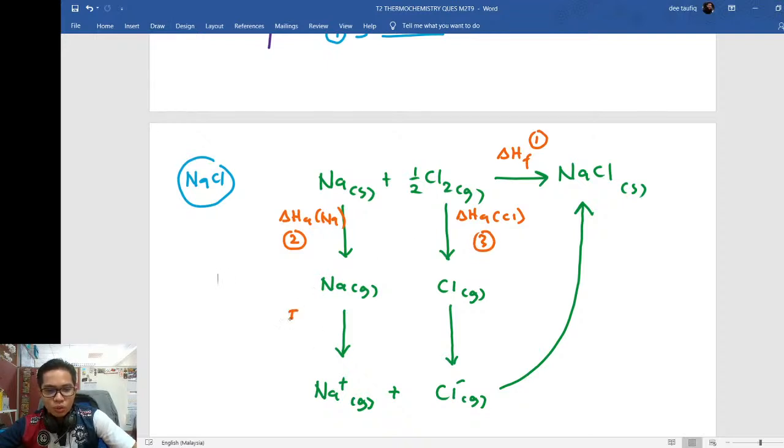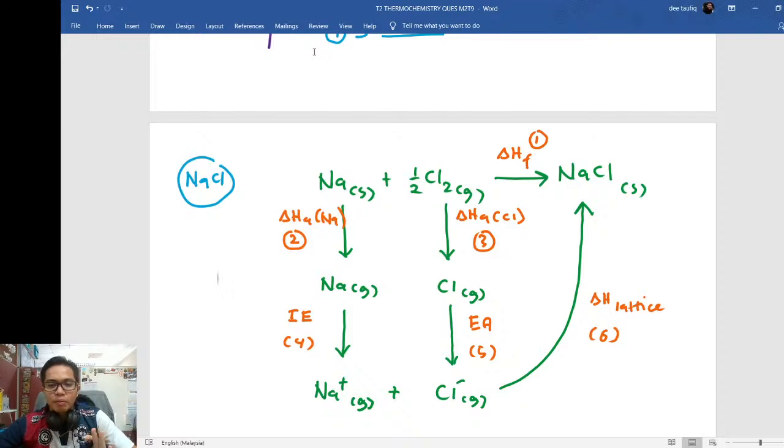Then Ie, so ionization energy for sodium, label as number 4. Ea of chlorine, label as number 5. Last one is our delta H lattice. Lattice numbering as number 6.